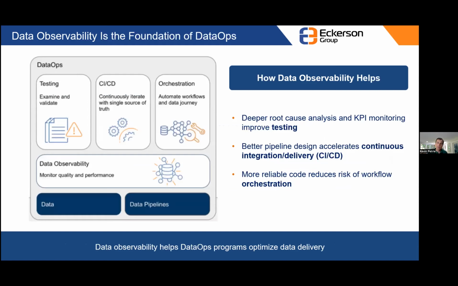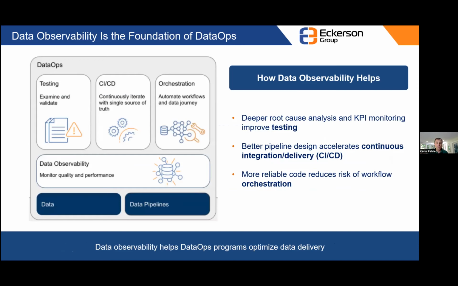So I want to drill down briefly on data ops. Data ops is an area that at Eckerson Group we've done a lot of research on. Data observability is really the monitoring and intelligence foundation of data ops. Data ops includes testing, which is examining and validating both pipeline code and data quality.